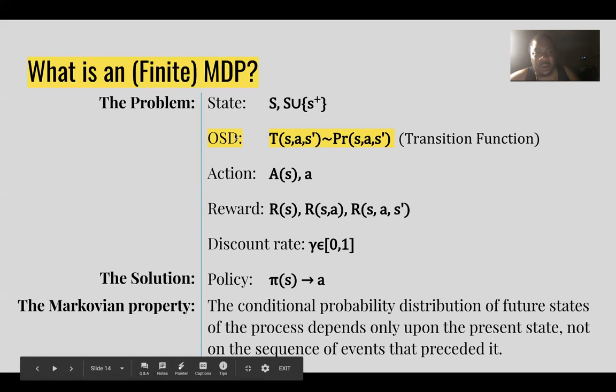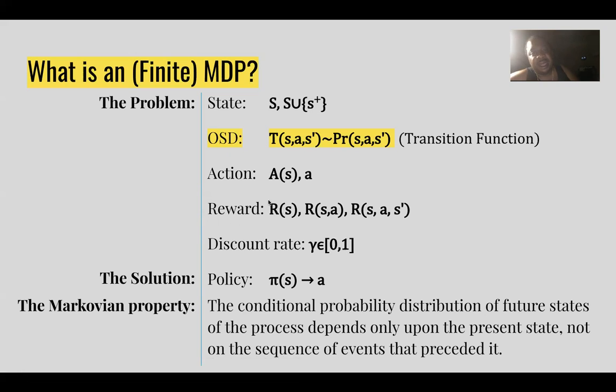Oh, sorry, the highlighted part. So this is our one-step dynamic or transition function. And there are 2 ways you can think about this. It can be deterministic or it can be stochastic. In the deterministic case, it's basically saying, given a state and given an action, what state am I going to end up in next? In the probabilistic, or stochastic, case, given a state, an action and a next state, what is the probability that that will happen when I take that action?